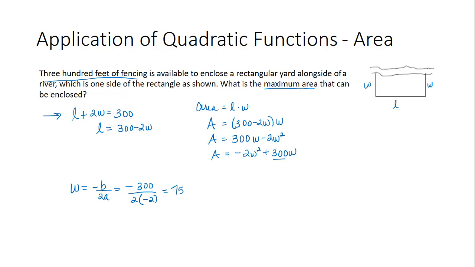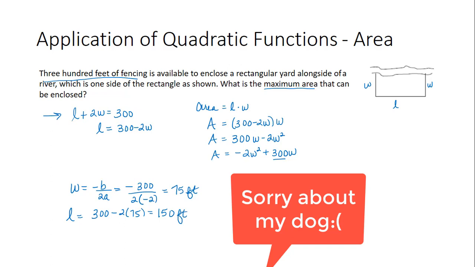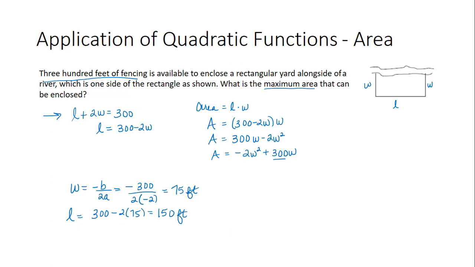So 75 represents the width of this rectangular yard. If you were asked what is the width that maximizes the area, that would be 75. If we had to find the length that maximizes the area, the length would be 300 minus 2 times 75, or 150 feet. But we are asked to find the maximum area that can be enclosed.